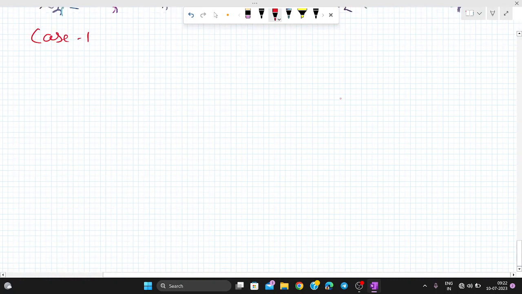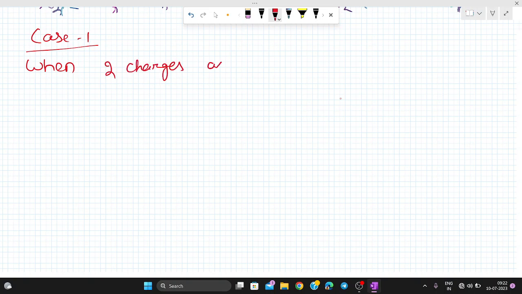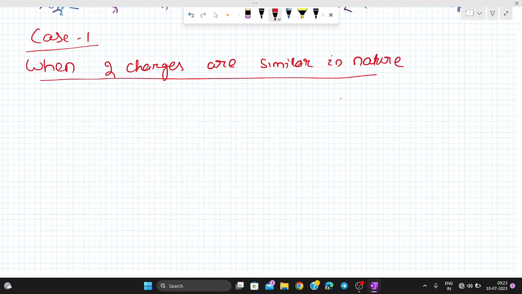Case 1 is when two charges are similar in nature. Two charges similar in nature means we have Q1 Q2 greater than or equal to 0.